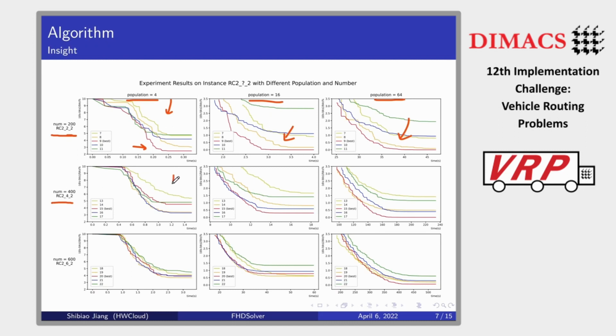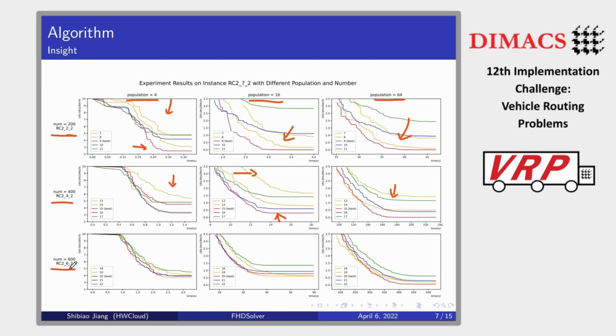You'll find that it is not enough to check out the optimal root number if we just set the population size to 4. But if we enlarge to 16, we will find that it is enough. And 64 is also enough, but costs much time.